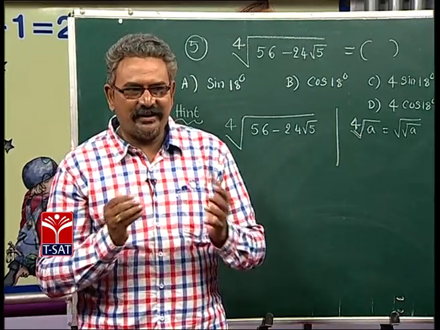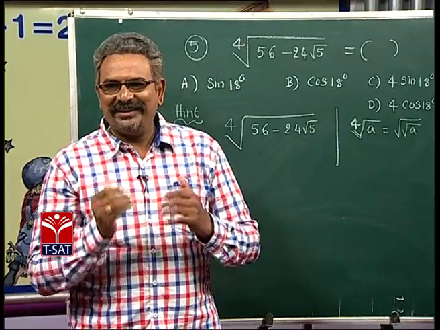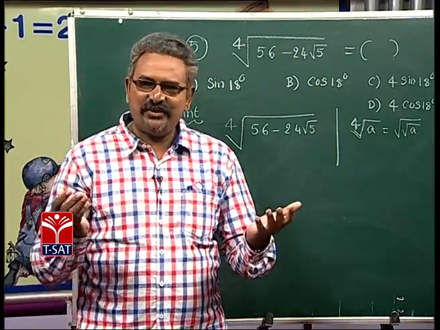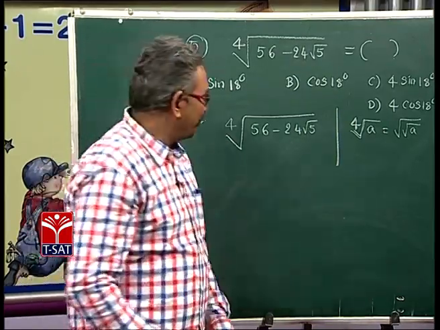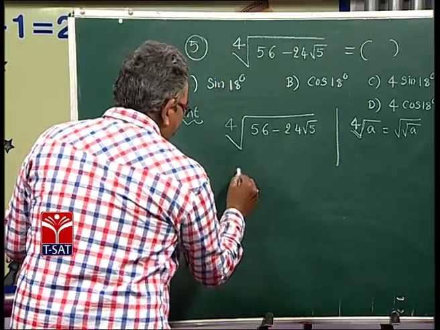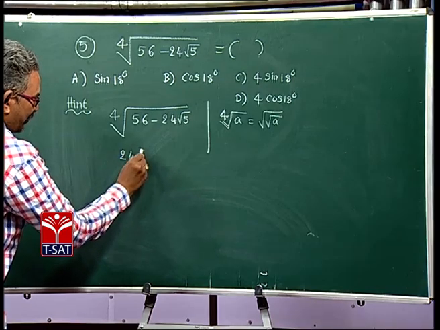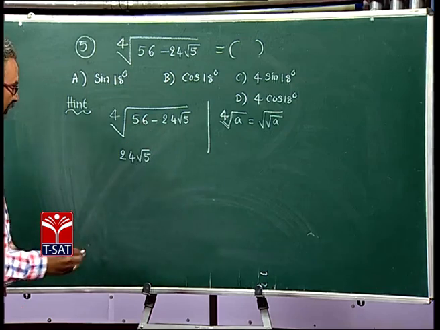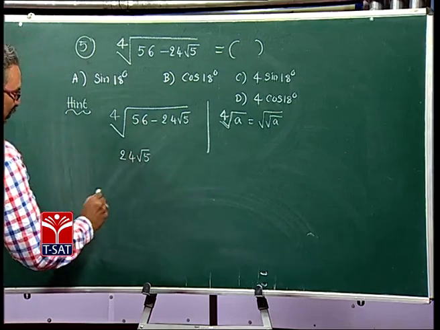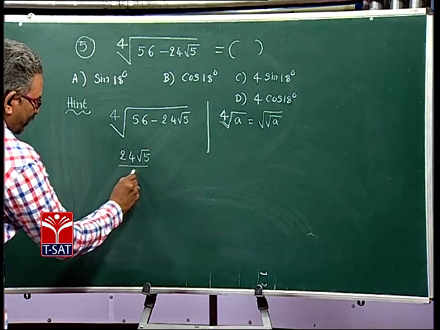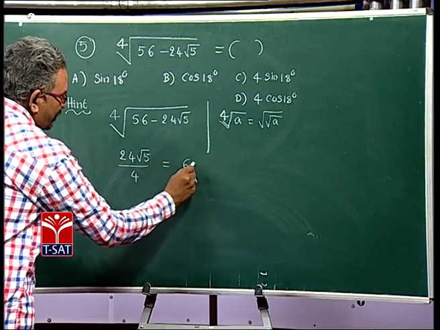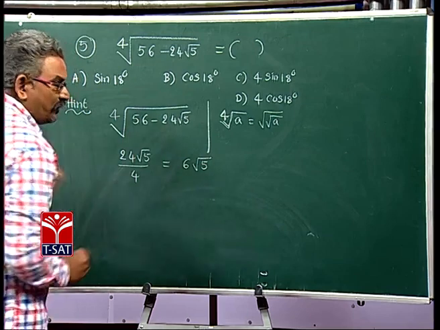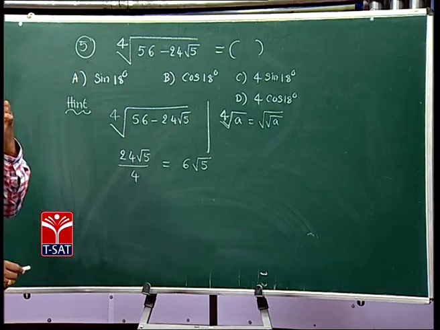My dear friends, better you follow this strategy, otherwise you can follow your own methods. Now here 24 root 5, whether it may be minus or plus, don't bother. Just divide by 4. What do you get? 6 root 5.